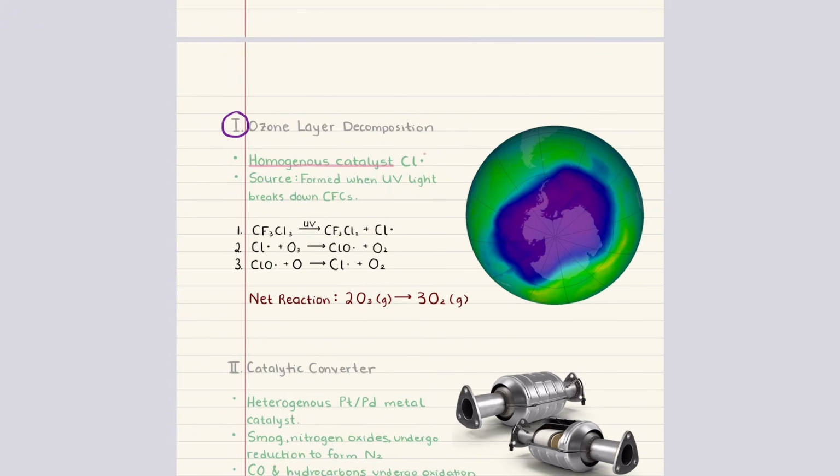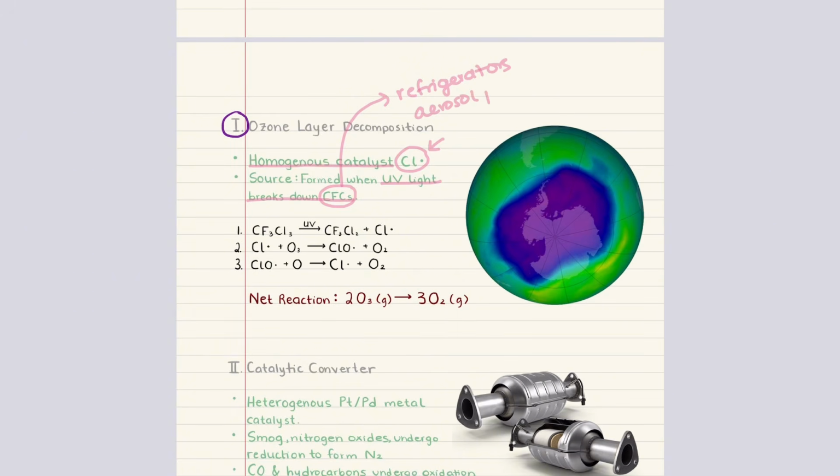In this case, the catalyst is the chlorine radical, written as Cl dot. Chlorine radicals are formed in the upper atmosphere when UV light breaks apart chlorofluorocarbons, or CFCs. These compounds were once widely used in refrigeration systems and aerosol products.